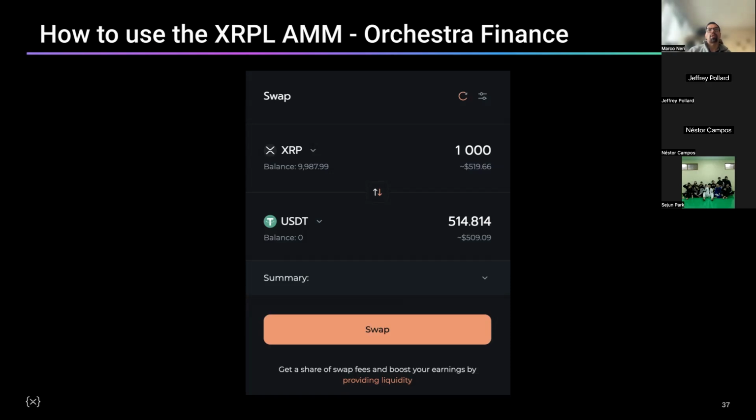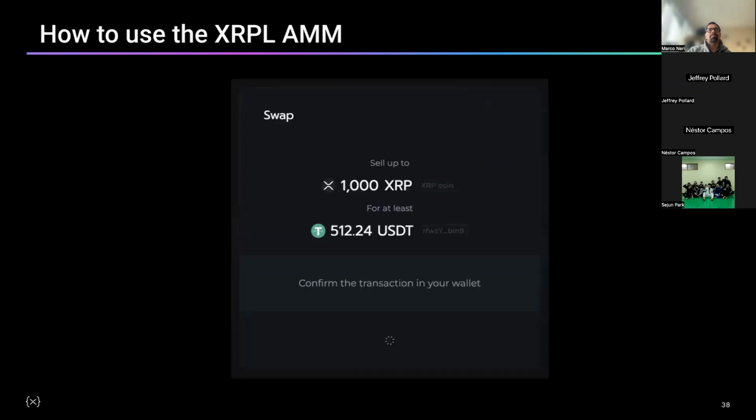They have been working a lot on the interface to give users exposure to all of these features that have been added, and that allow you to either create new pools and add funds, or simply swap tokens by leveraging that existing liquidity. And with that, I'm going to end the presentation and open up for questions.